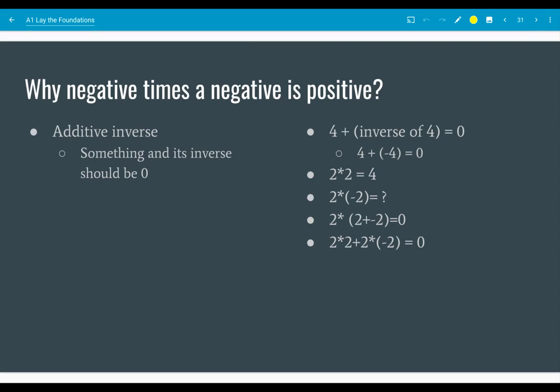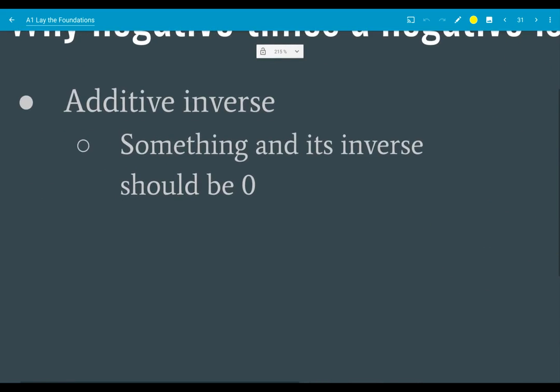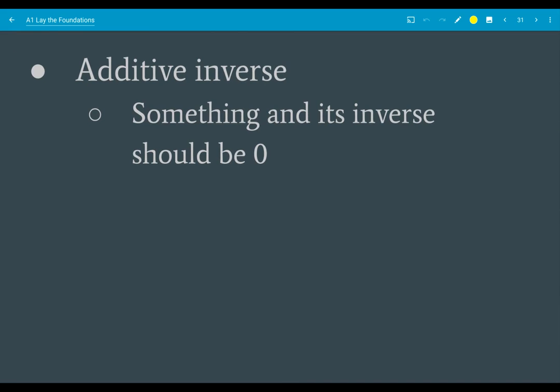Now, some of you might be wondering, why is a negative times a negative a positive? Well, it has to do with a property called the additive inverse property. The additive inverse property says if I have some value x and I add it to the inverse of x, it needs to be equal to 0.